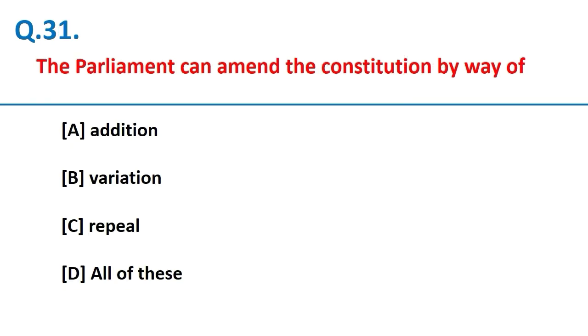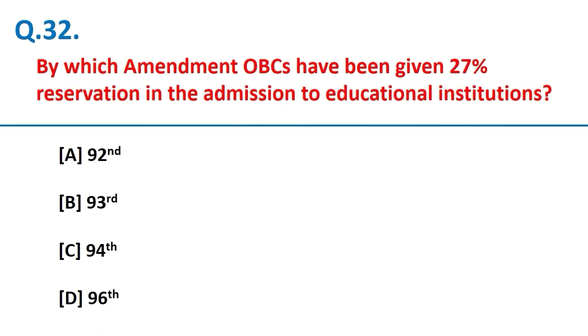The Parliament can amend the Constitution by way of all of these: by addition, by variation, by repeal. By which amendment have OBCs been given 27% reservation in admission to educational institutions? 93rd Amendment.